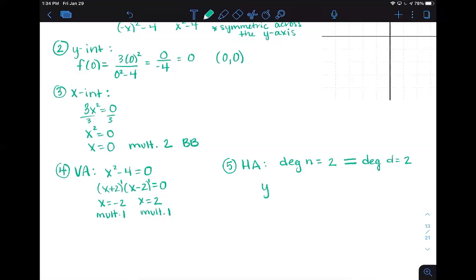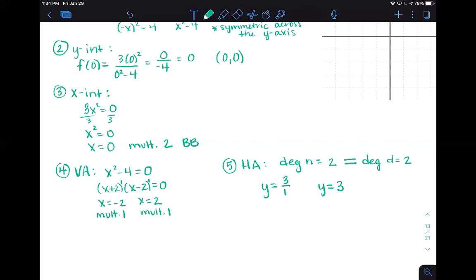So y equals, what's the leading coefficient of your numerator? 3. And the leading coefficient of your denominator? 1. So y equals 3 is your horizontal asymptote. Questions with finding any of those 5 things?